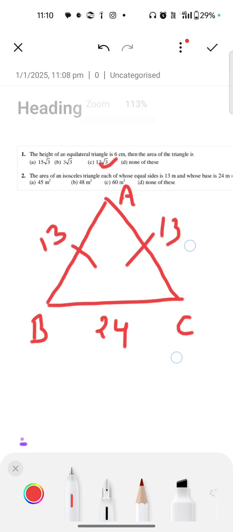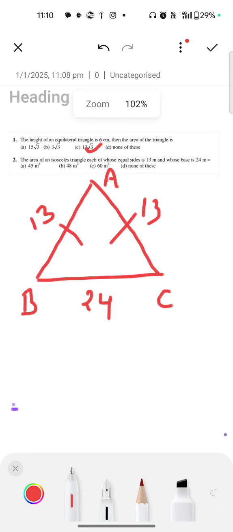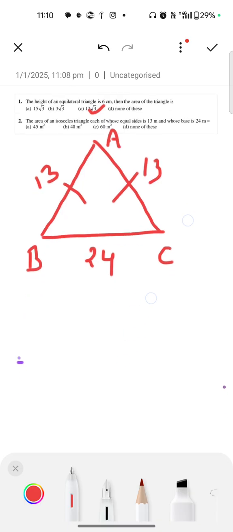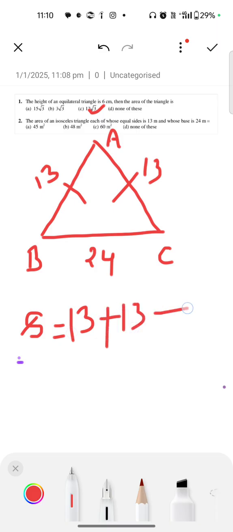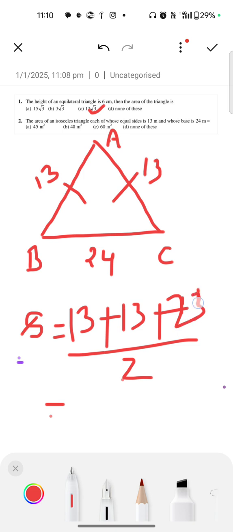Base is 24. It is very easy to solve this question by using Heron's formula. In Heron's formula, you will be able to solve just by taking small s equal to a plus b plus c divided by 2. Sorry, it will be 13 plus 13 plus 24.